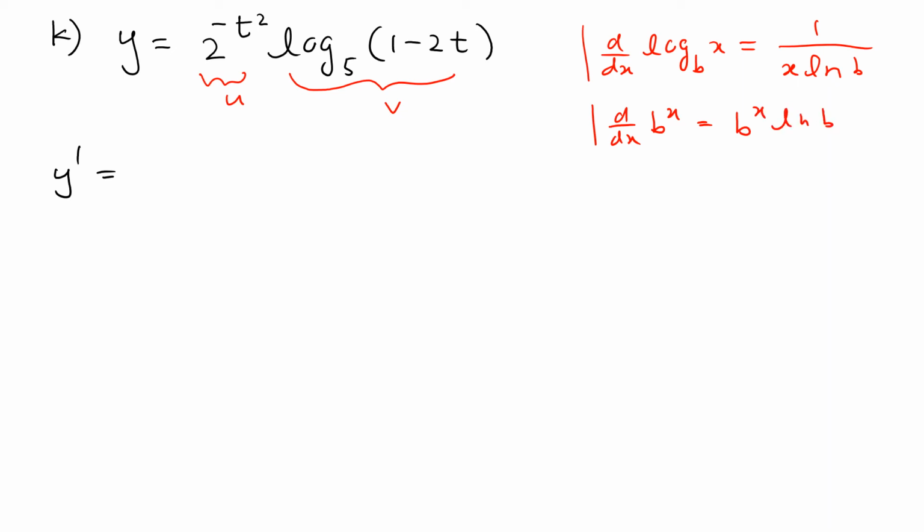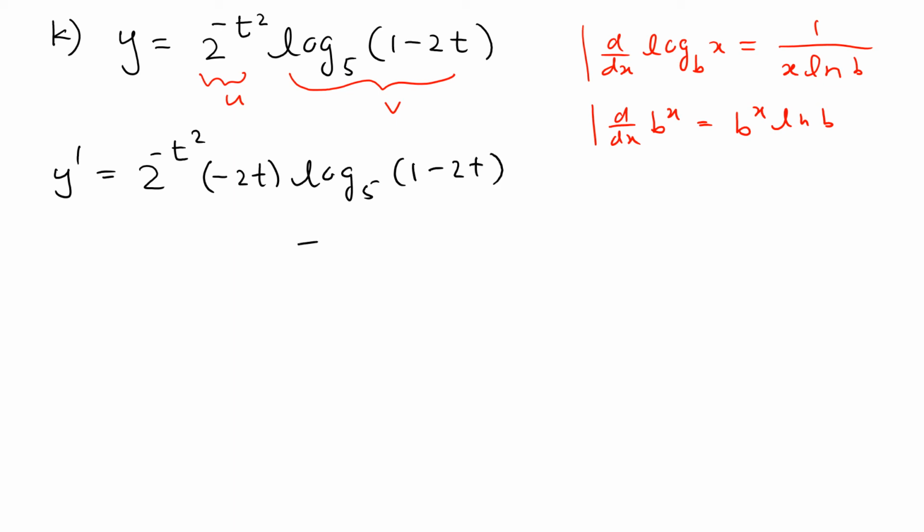We can use that here. So it is 2 to the negative t squared, no change, and then multiply by the derivative of the inside function, which is negative 2t. And then we repeat the second function without any changes.